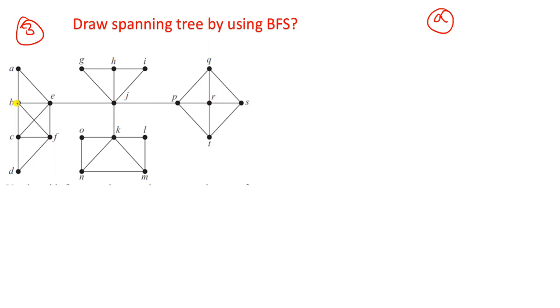What vertices do we have? B and E only, right? Explore B and E. I will write it neatly. A and B and E, right?